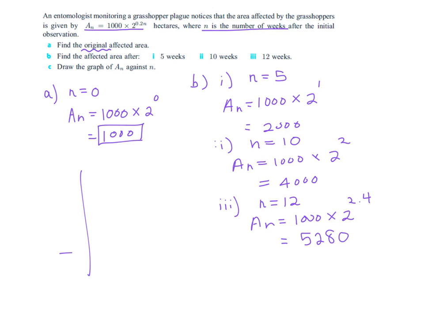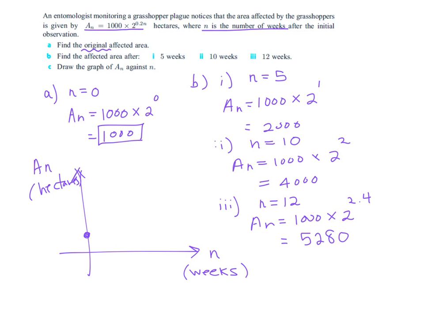We have on the x-axis n, which is the number of weeks. And then we have the area that's affected in hectares. So initially it's starting at 1,000. When n is equal to 0, it's 1,000.